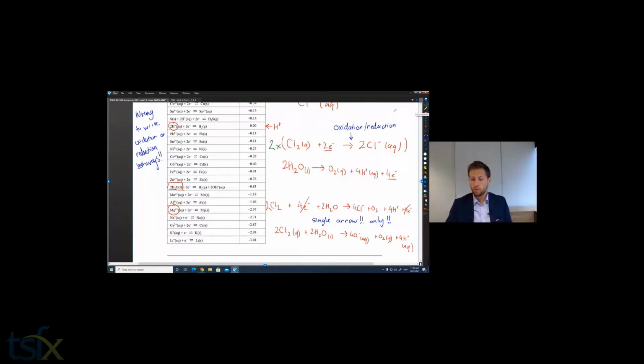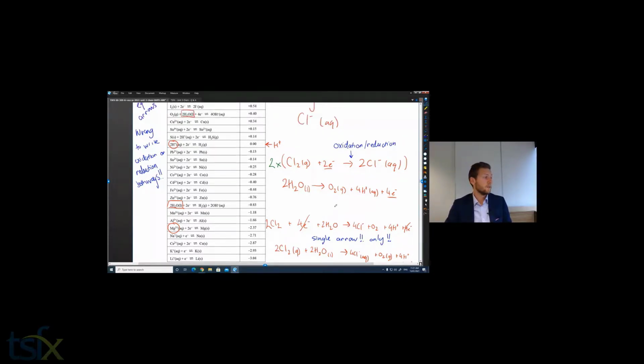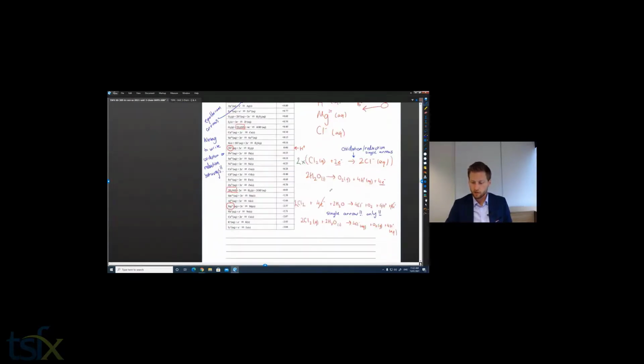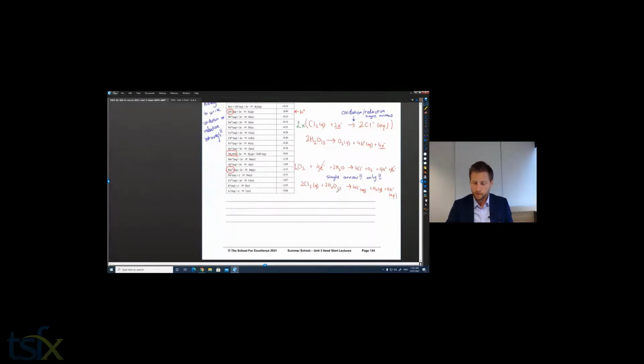All right, so what's happening at the anode and what's happening at the cathode? What's the anode and what's the cathode? Which reaction's which? All right, awesome. So oxidation at the anode. So we're just going to zoom out a little bit and write it down here.